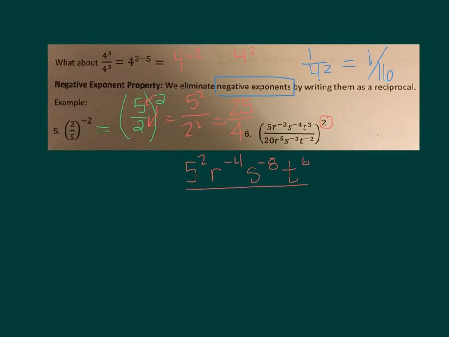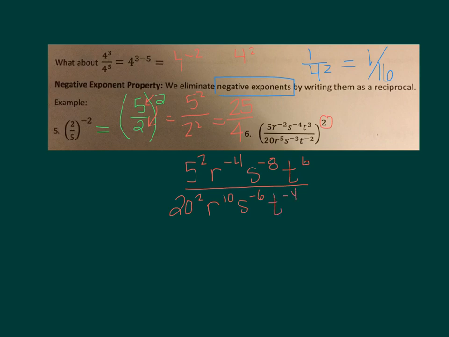All over 20 squared. R to the 5 times 2 is 10. S to the negative 3 times 2 is negative 6. Negative 2 times 2 is t to the negative 4.